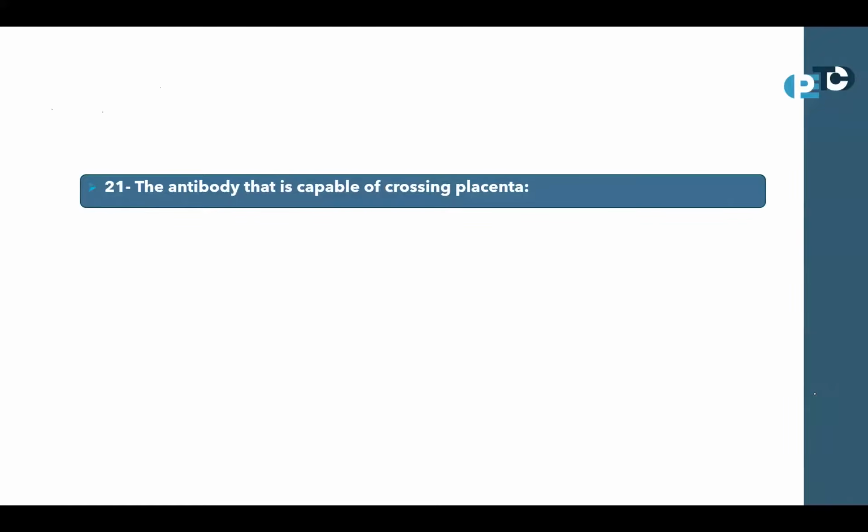We have 5 antibodies: I, G, A, M, G, E, and D. Okay? There are no other types of antibodies.